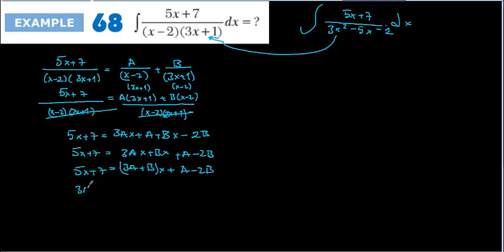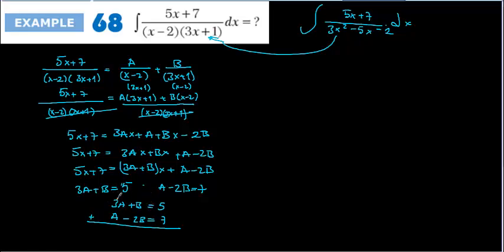So 3a plus b must be equal to 5, and a minus 2b must be equal to 7. To solve the system, I need to write a minus 2b down. 3a plus b is equal to 5 and a minus 2b is equal to 7.